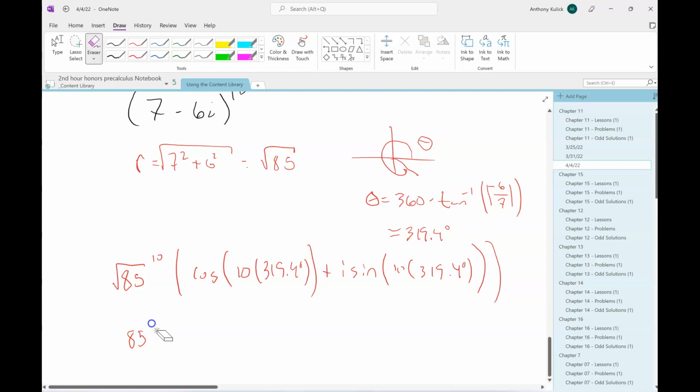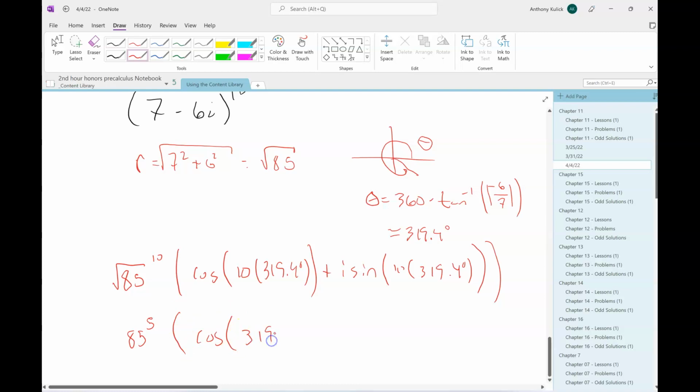Why is that? Square root is the same thing as an exponent of 1/2. Exponent of an exponent, you multiply. 1/2 times 10 is 5.